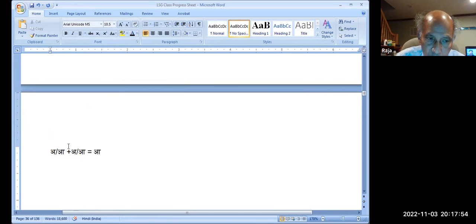Ekaha purva parayoho, the ak followed by ak, ekaha purva parayoho dirghadesho bhavati samhitayam. When they are together, when any vowel a, i, u, ru, lu is followed by a savarna similar vowel, both of them are replaced by long a.